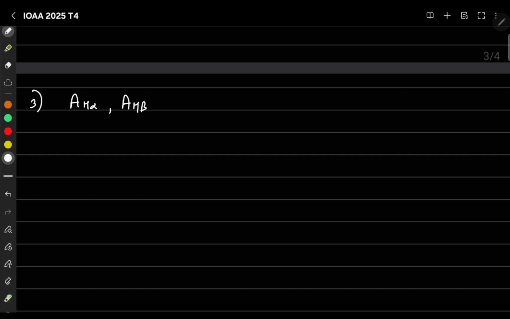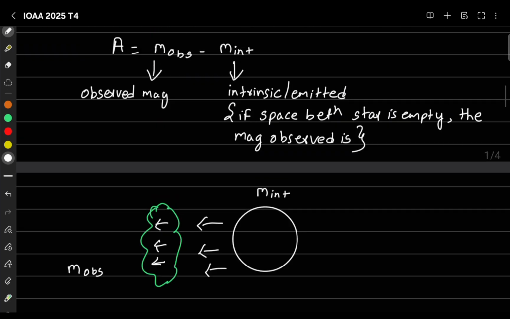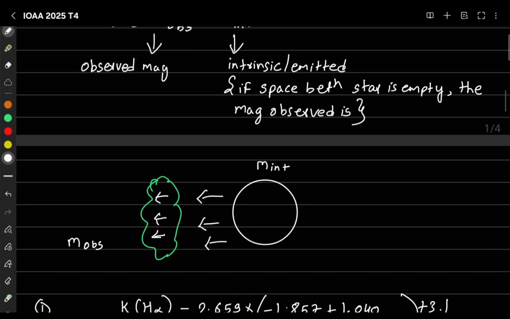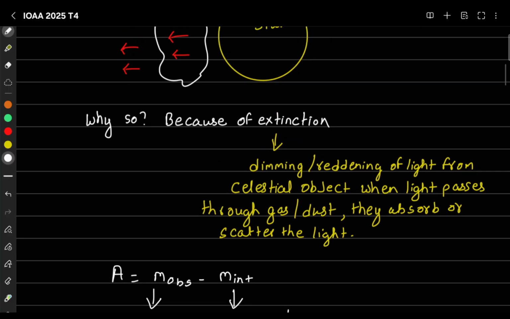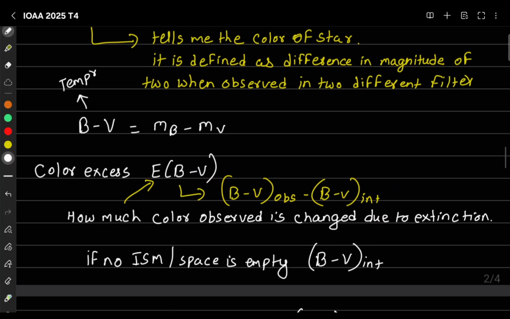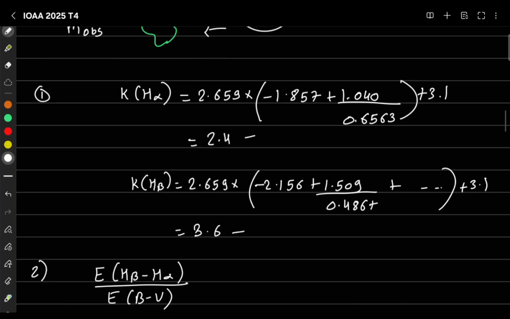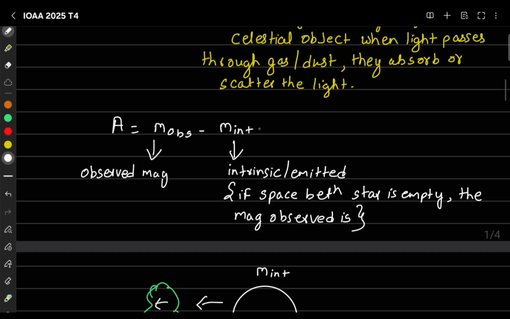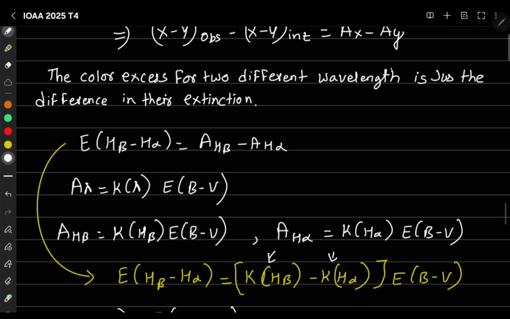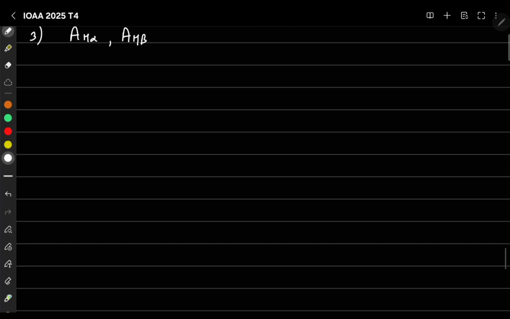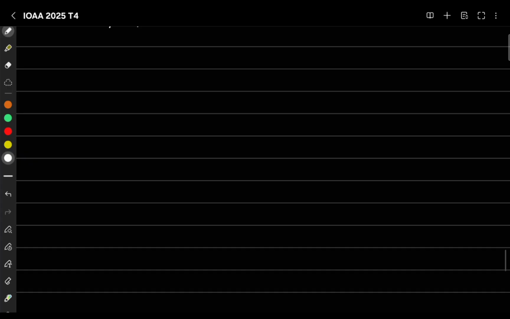We already saw from the figure we drew above that because of a nebula the extinction occurs, and I get some observed value. There is one relation that we defined for what extinction means: A = m_observed minus m_intrinsic.